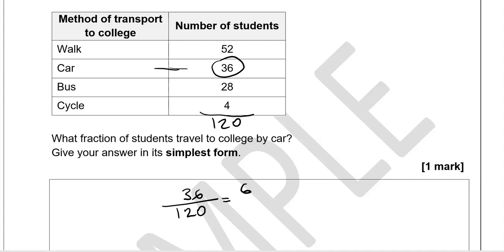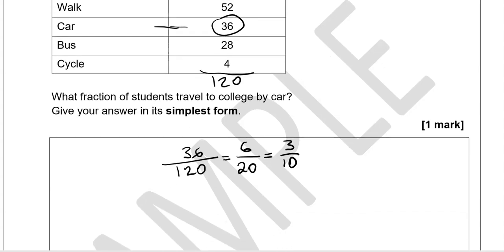So that would be 6, and this would be 20. And we can divide this even further, divide by 2 to get 3 over 10. So 3/10 is the answer.